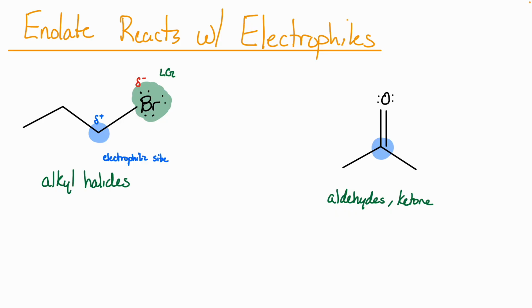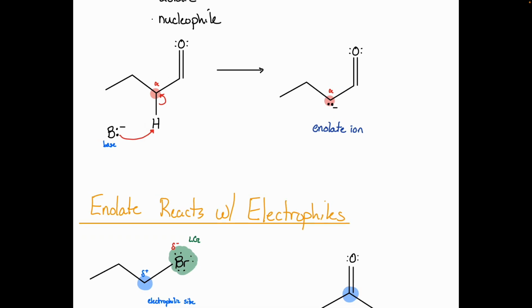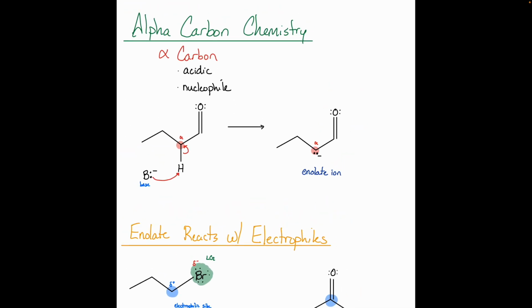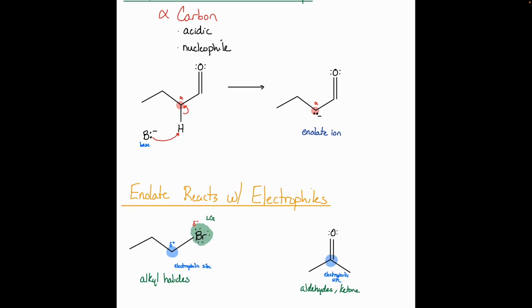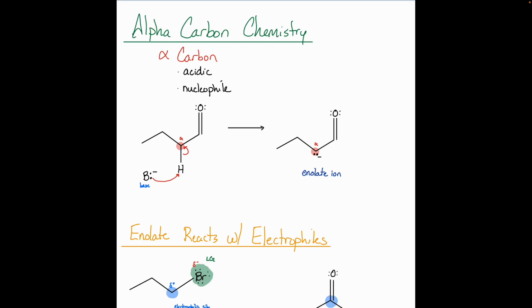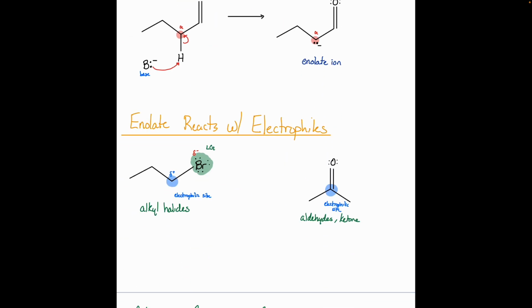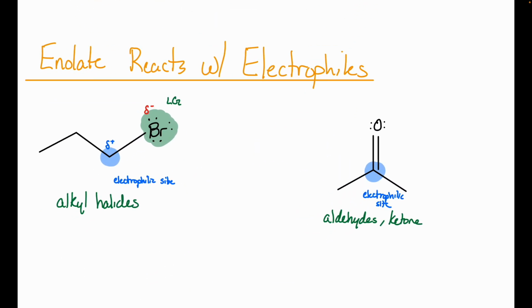All right, here is my electrophilic site. Because the alpha carbon is what? Not an electrophile, but a nucleophile. So that means that our aldehydes and ketones, they have both that nucleophilic alpha carbon and that electrophilic carbonyl carbon. All right? There's one more that we're going to add to this list here. We'll see this at the end of class today. Also a carbonyl-containing functional group, so we're going to put it down here, are esters.